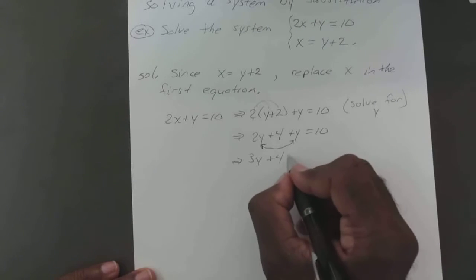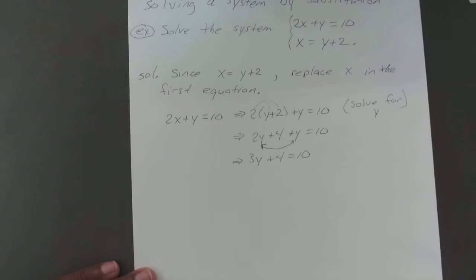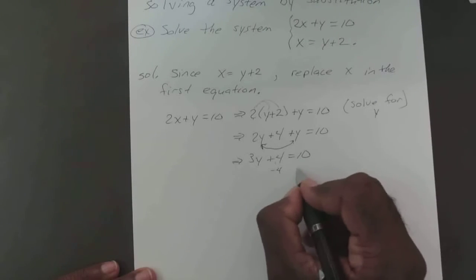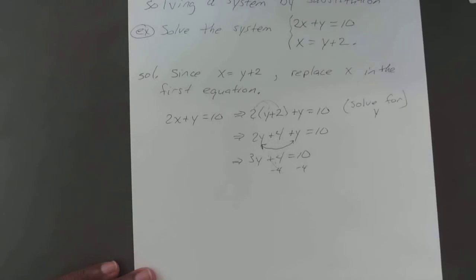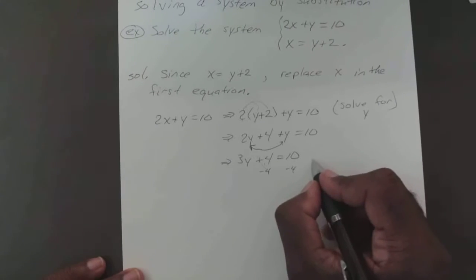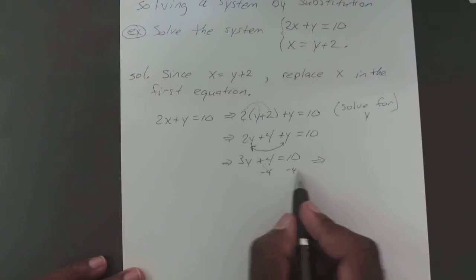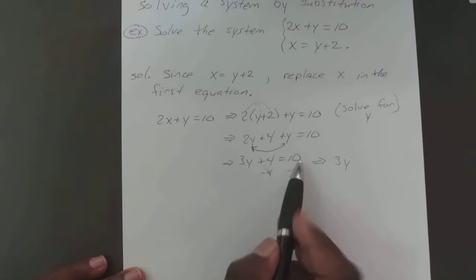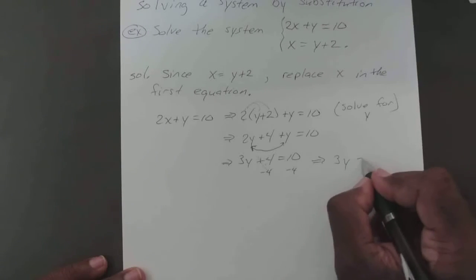Then you have 4 equals 10. Subtract 4 from both sides. 4 minus 4 is 0. So we end up with 3y equals 10 minus 4, which is 6.